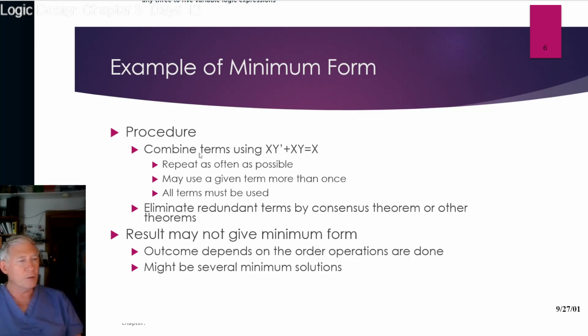The simplification theorem that is tightly wedded to K-maps is this theorem here: xy' + xy = x, and then the corollary (x + y')(x + y) = x. This is how K-maps work.